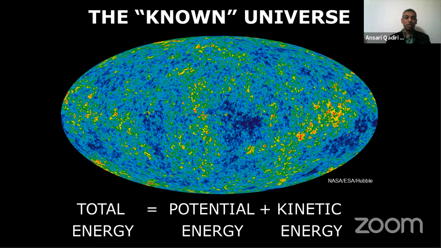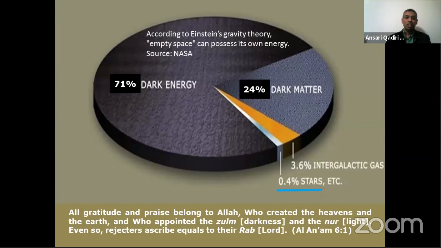For now, we are coming almost to the end of these slides. And here's one more slide that explains that whatever our universe is made of, the stars that we see, everything, is just 0.4% of the reality of the universe around us.